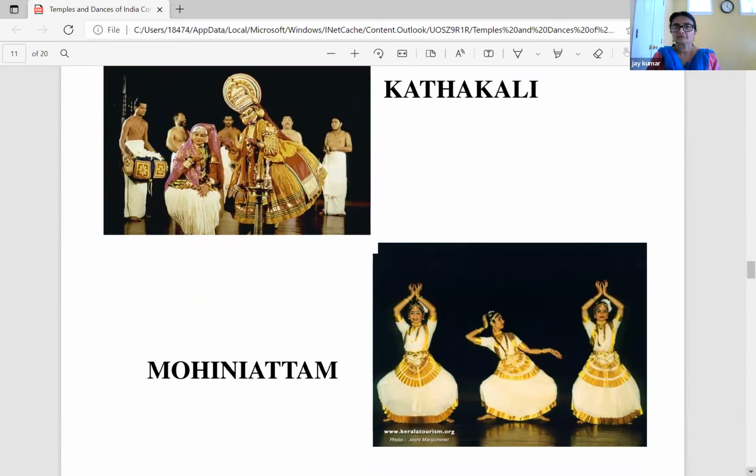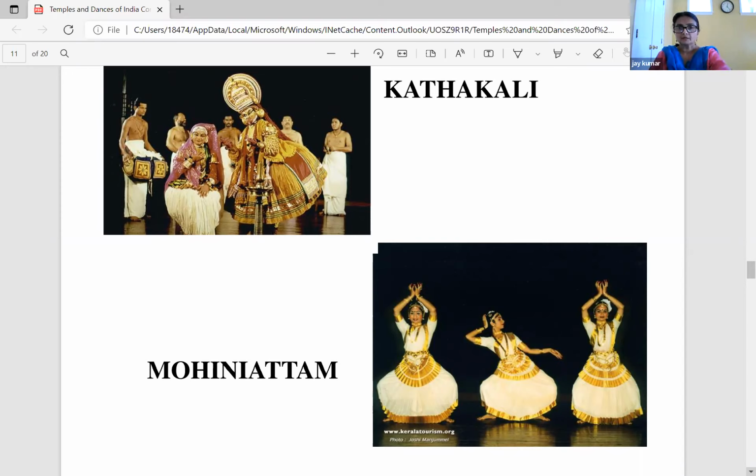So this is 4 and 5, the ones that we just saw. The other 2 here are unique. I want you to note that on the top picture, the lady with a white gown is actually a boy. The uniqueness about this state, which is the southwestern state of Kerala, is this.